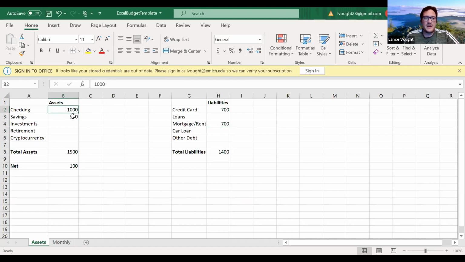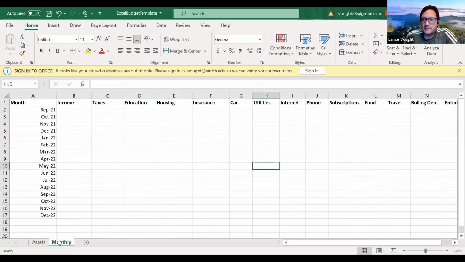Well, then this added up your assets, which is $1,500. This added up your liabilities, which is $1,400, and then the net difference is $100. So all you got to do is plug in the numbers that are relevant, and then this will do the calculation for you about net and assets and liabilities.